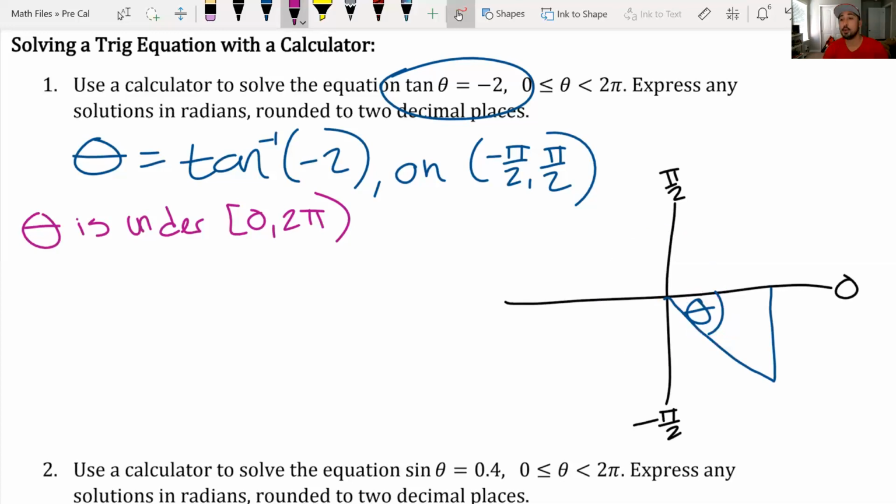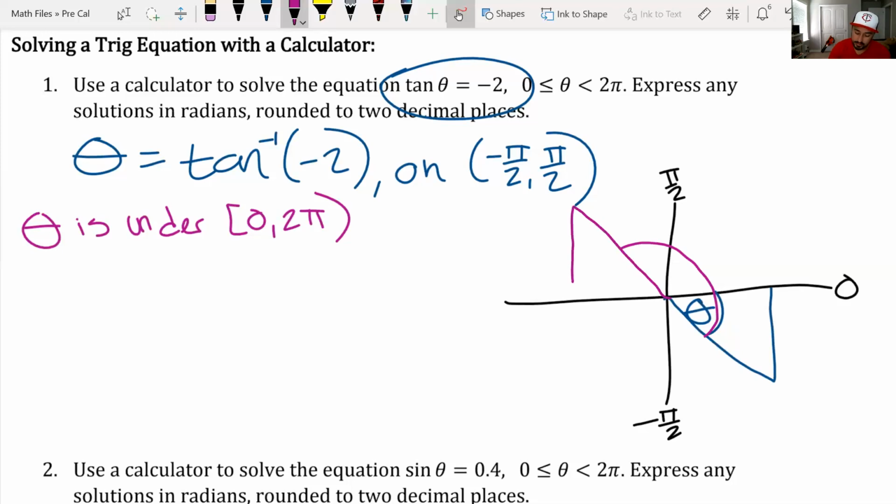Well, the only way to do that is to think of how tangent cycles. Tangent repeats itself every pi. So to put this back into the unit circle, we will add a value of pi.